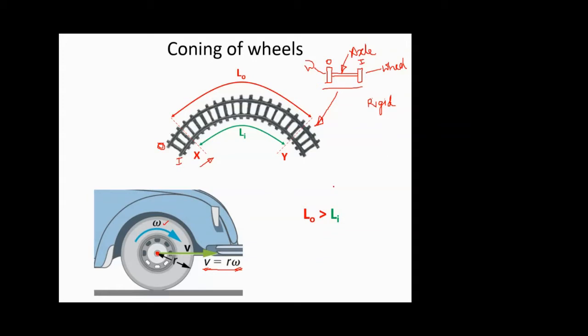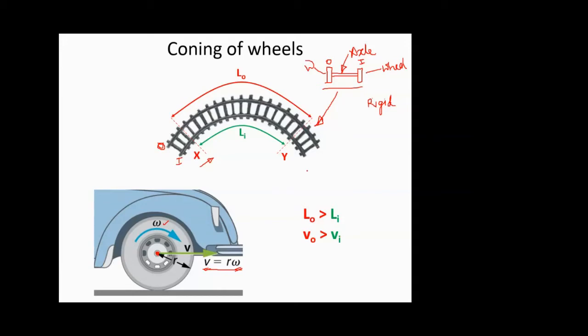So I hope you have understood that one wheel has to cover a greater distance, LO, and the inner wheel has to cover a lesser distance. Now what does that mean? Obviously the outer wheel should have more velocity than the inner wheel. Only then will both wheels reach point Y at the same time.